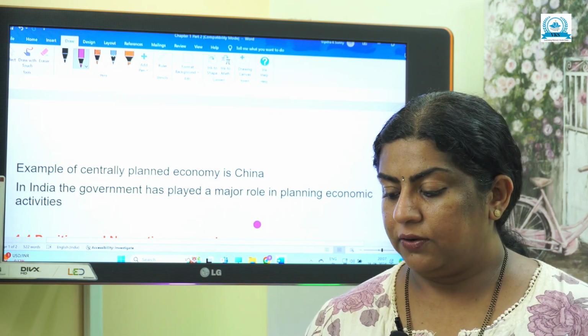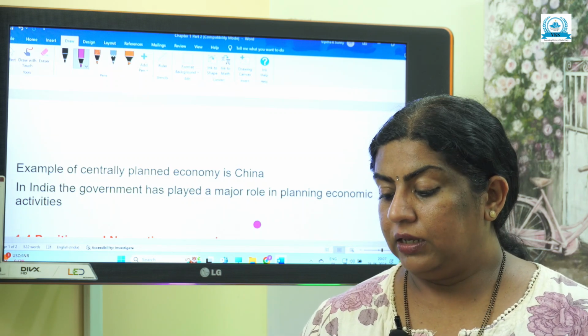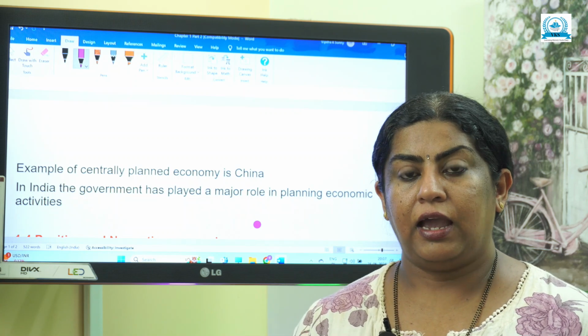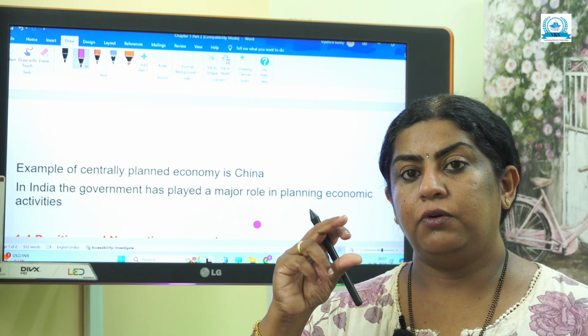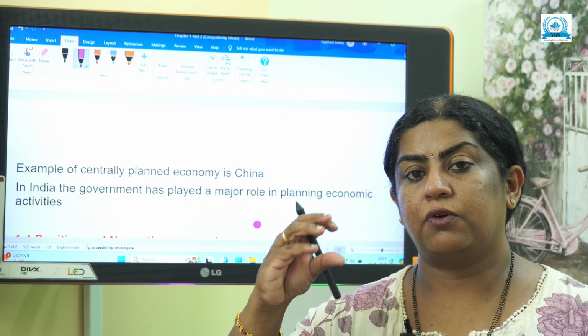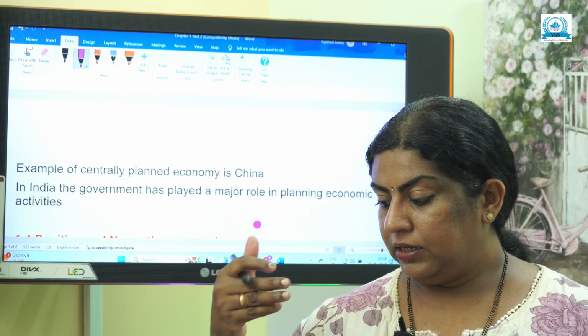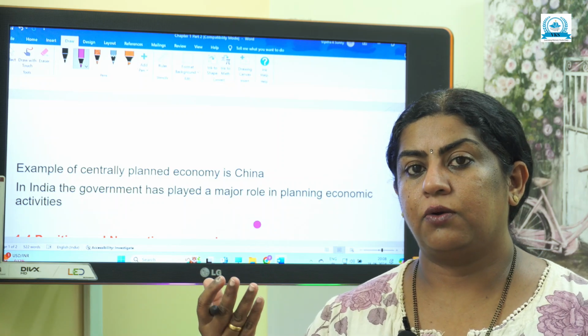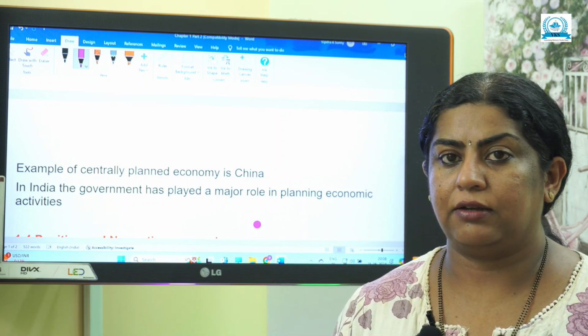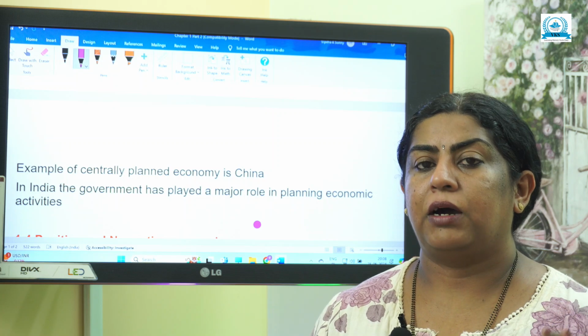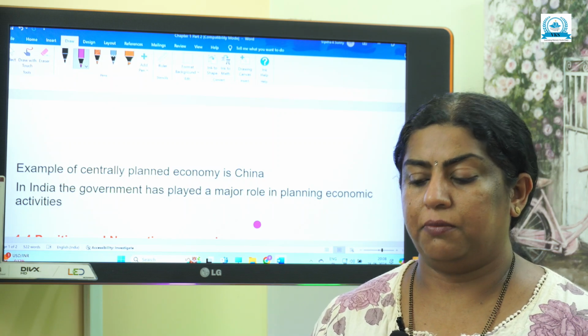China is a centrally planned economy. In India also, the government plays a major role in planning economic activities. So the extent of the government's role depends. In the USA it is minimal, in India it is a major role in planning the economic activities. So that was about centrally planned economy, market economy and mixed economy.